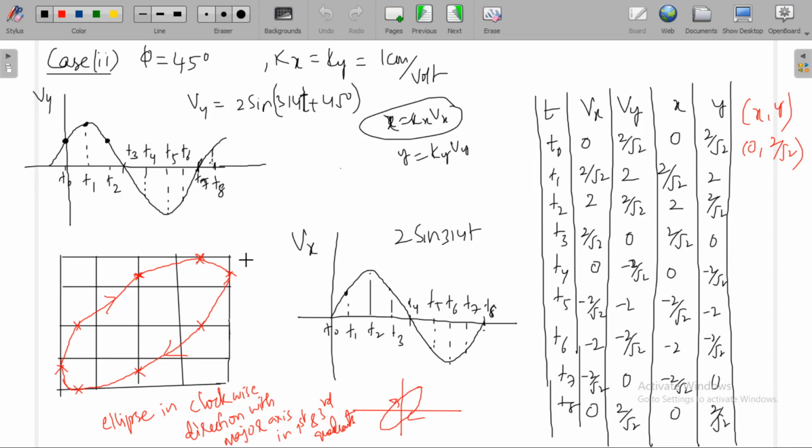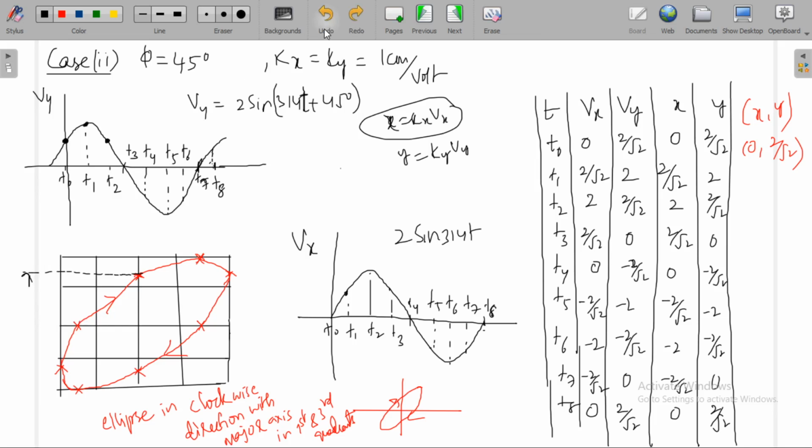An ellipse in clockwise direction means it will be in the first quadrant. So in the first quadrant, what is the phase angle? Phase angle phi is equal to sine inverse of y intercept by y max. So here what is the y intercept? From here to here, this will be the y intercept.